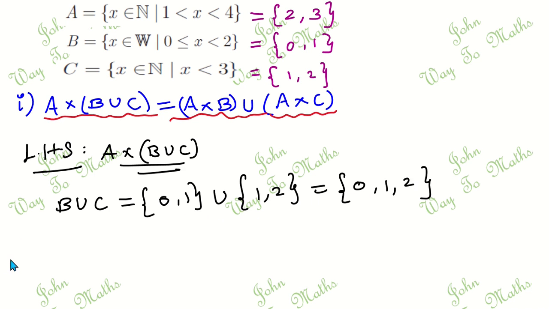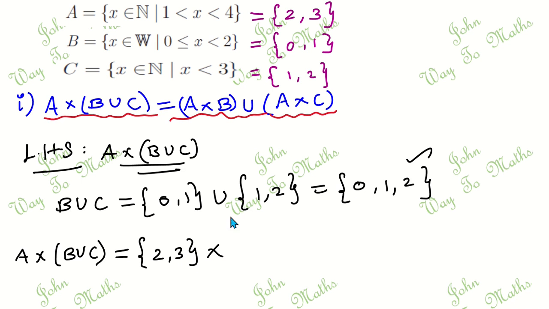So next I'm going to write A cross (B union C), which is equal to set A becomes 2, 3 cross (B union C) becomes 0, 1, 2. So which is equal to, so I am going to find the cross product. So I'm going to choose 2.